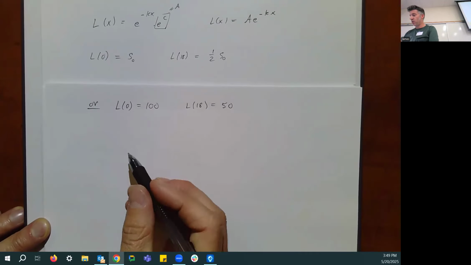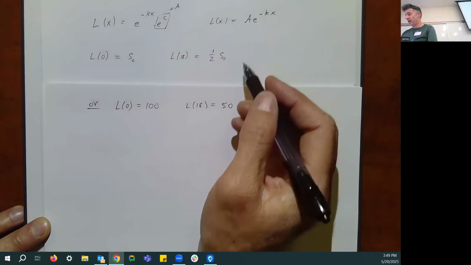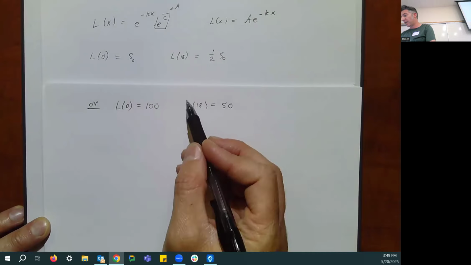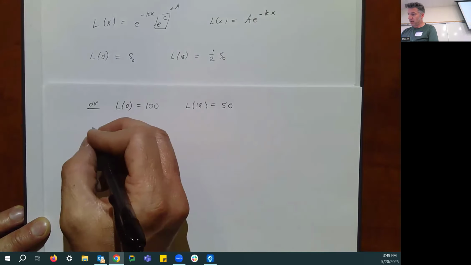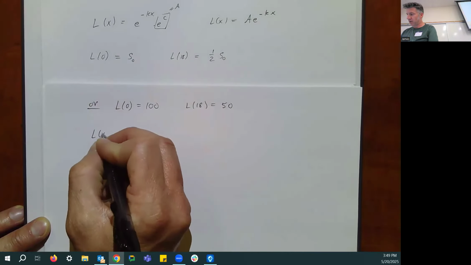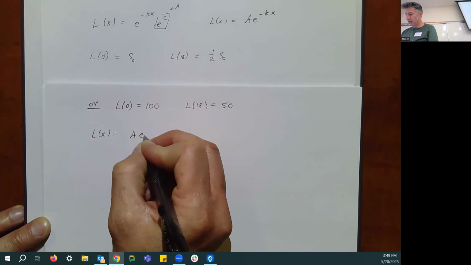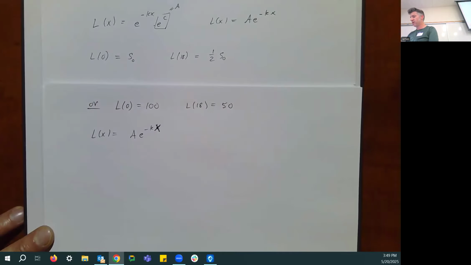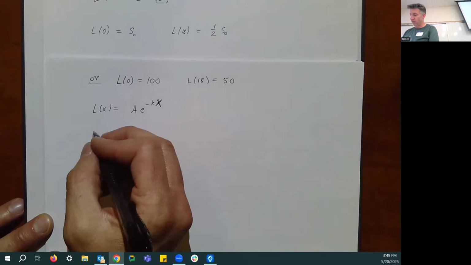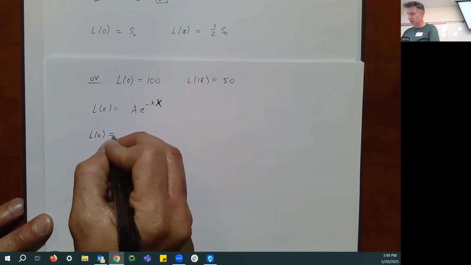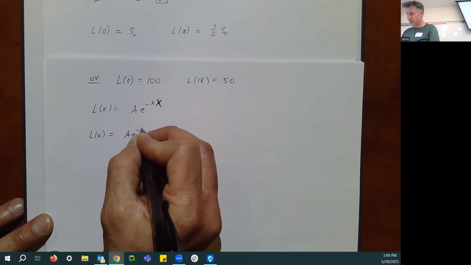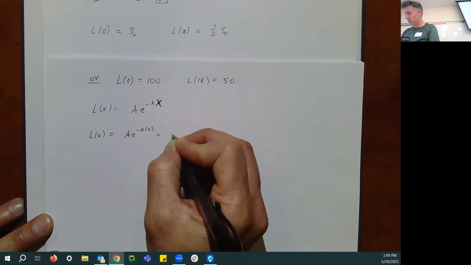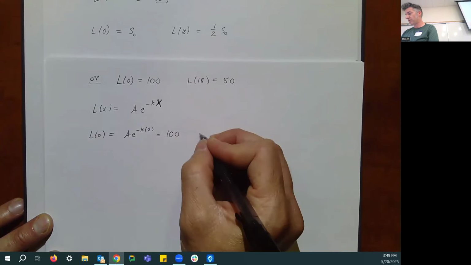So then I know that if I plug in these numbers, well, my L of x model is a e to the negative kx, then if I plug in 0 for x, it should be equal to a e to the negative k times 0, which is going to equal 100, or S naught.